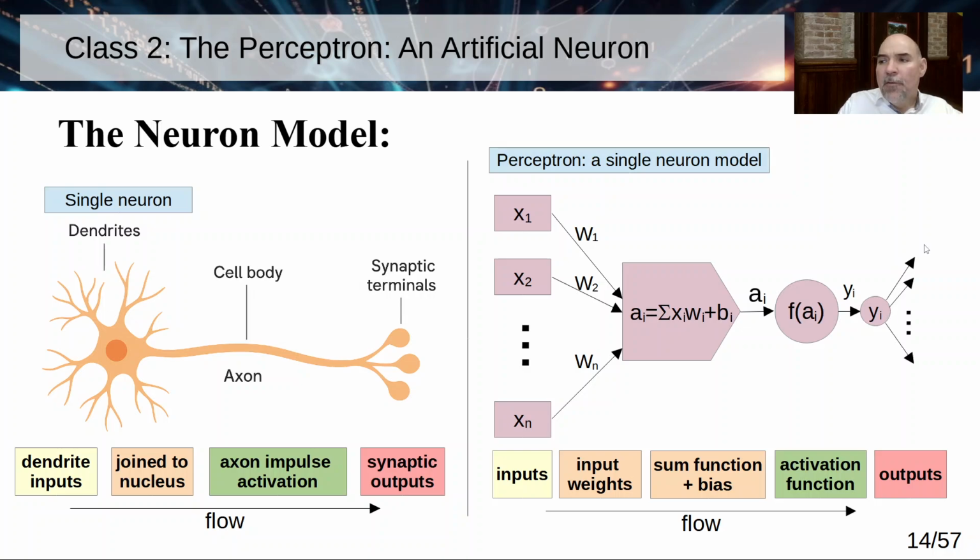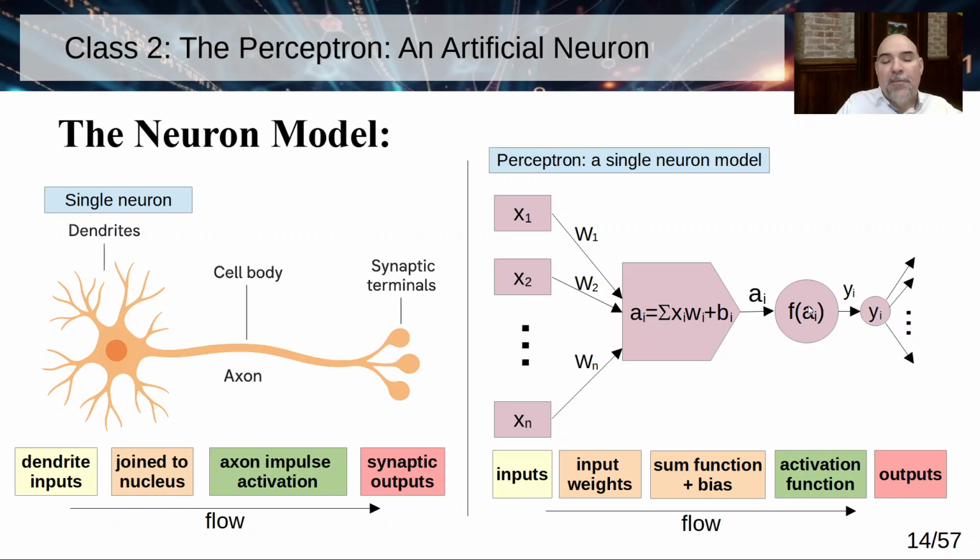And then notice I have all these arrows coming out. That would connect potentially to other neurons somewhere. That would be the equivalent of our synaptic outputs on the cell. But in other words, we're gathering all these, weighting each of them individually, adding it all up, adjusting by the bias. If it exceeds a threshold or whatever our activation function is, there's different activation functions we'll look at later in the semester.